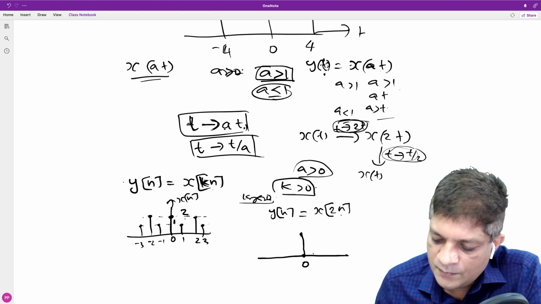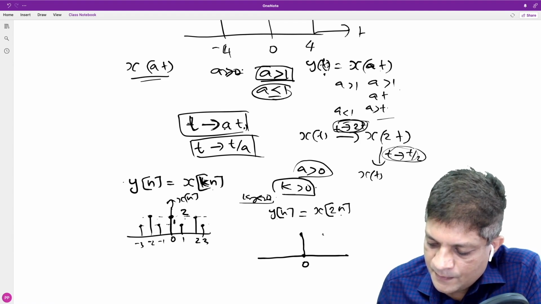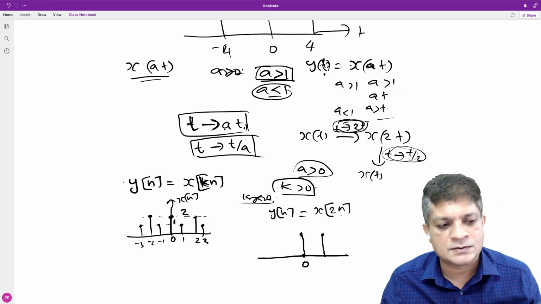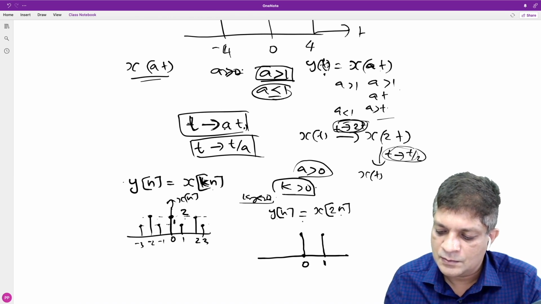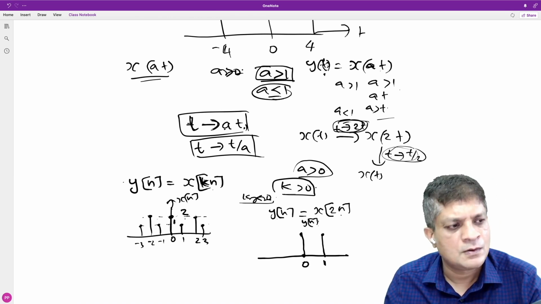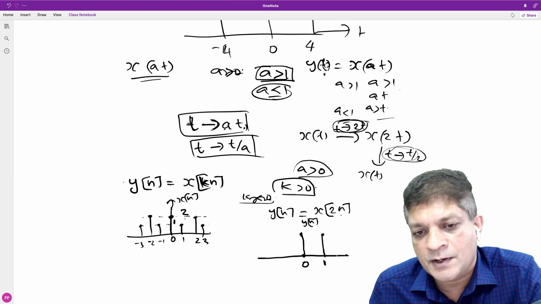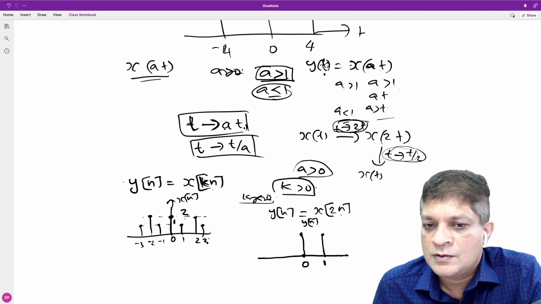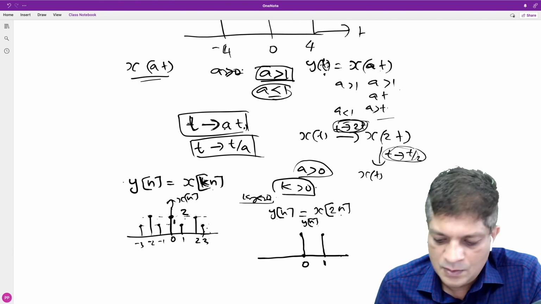And what about y[1]? y[1] is x[2], which is 2. What about other values, for example y[2]? y[2] is x[4], that is 0, because x is non-zero only up to 3.